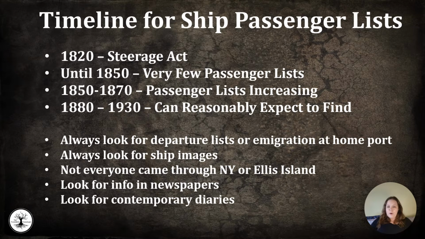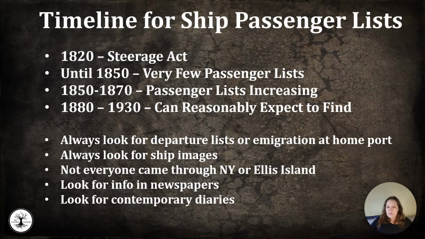Pay attention to departure lists or emigration lists from somebody's home port. Once you know the name of a ship that somebody came on, look it up online because you may find images and copies of those advertisements that your ancestor may have seen. Be open-minded about other ports.